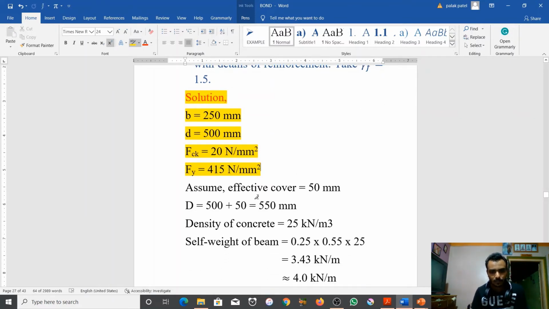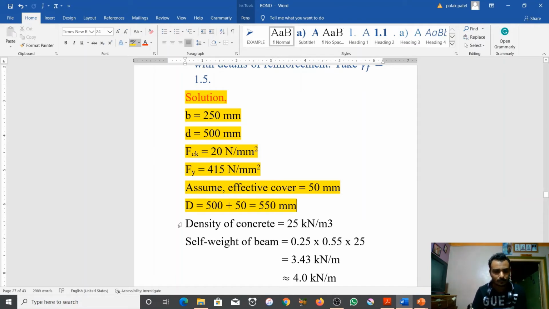Then assume effective cover 50 mm. So that's why we have capital D, overall depth: 500 is effective depth, 500 plus 50, effective depth plus cover, is equal to 550 mm.